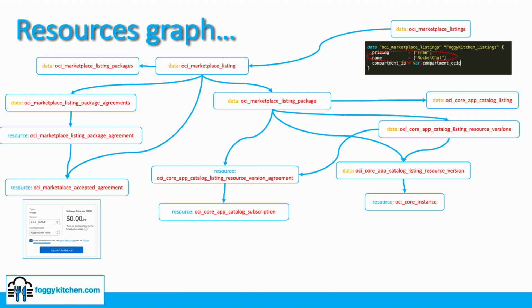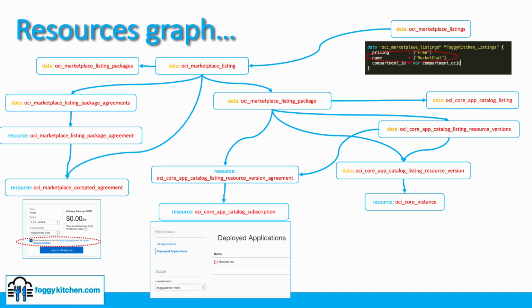Next, we need to use a resource which is called OCI Marketplace accepted agreement, which will do the same thing as we used to do in Cloud Console. So we will accept this agreement. And also, we need to use a resource which is called OCI Core App Catalog Subscription just to deploy the applications from the marketplace into a particular compartment.